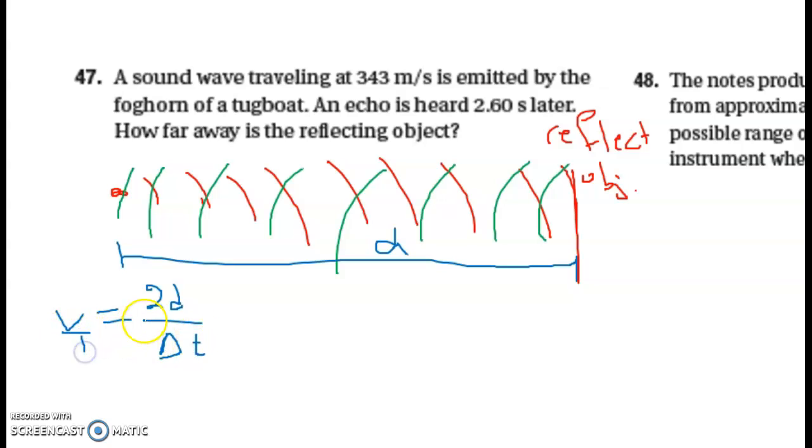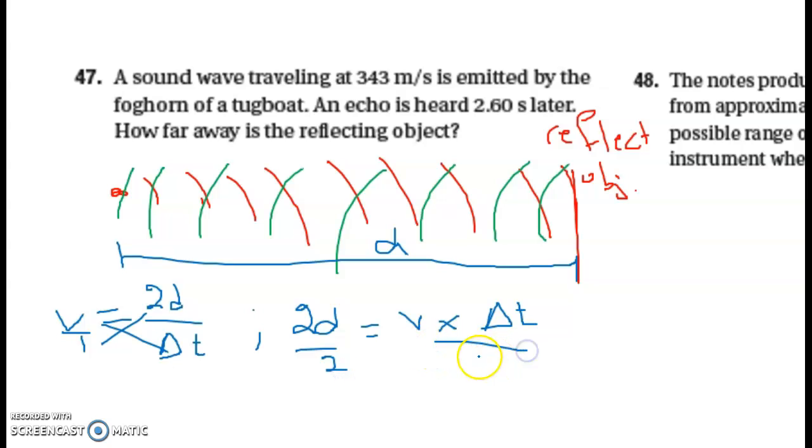V is actually v over 1. You get that 2d is equal to v times delta t. Divide by 2 both sides. 2 and 2 cancel here. So d is equal to v times delta t over 2.